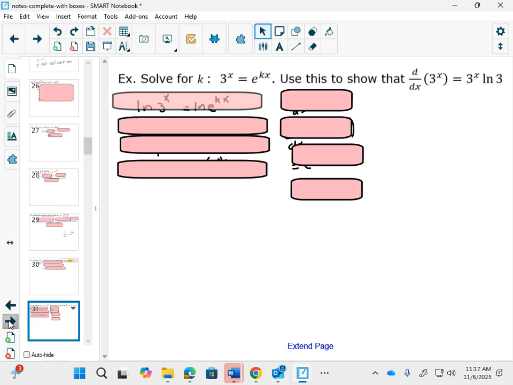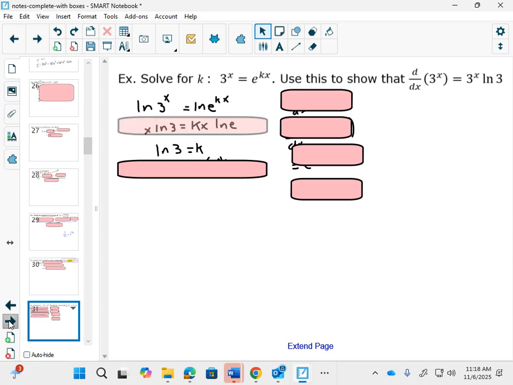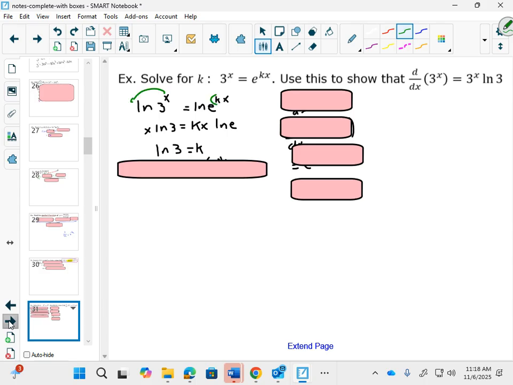Well, I could take the natural log of both sides of those equations, because I'm solving for an exponent. And you need logarithms to solve for an exponent. Once I take the log of both sides, what does that allow me to do? It allows me to bring the exponents out in front. Remember that log law? That your exponents could come out in front?